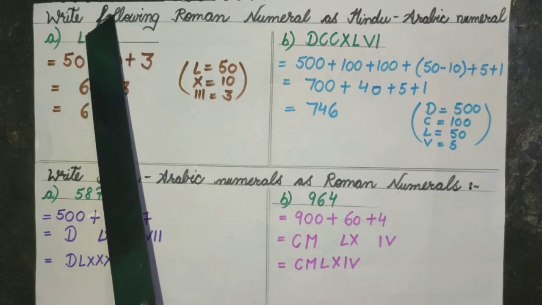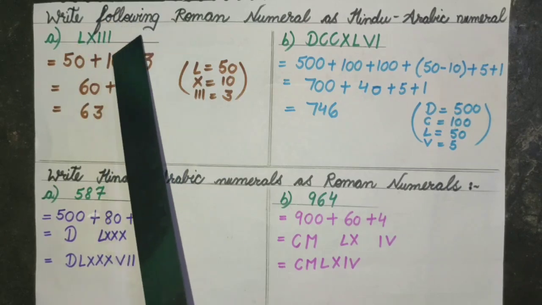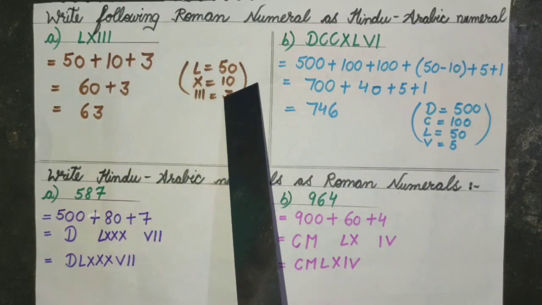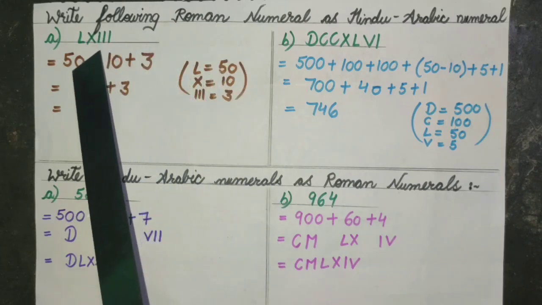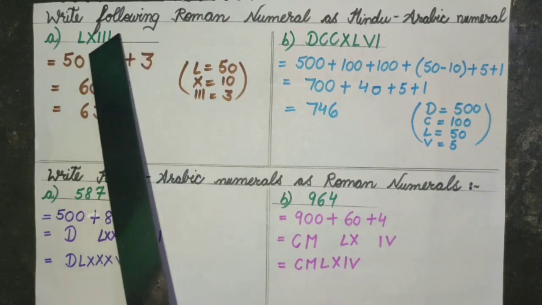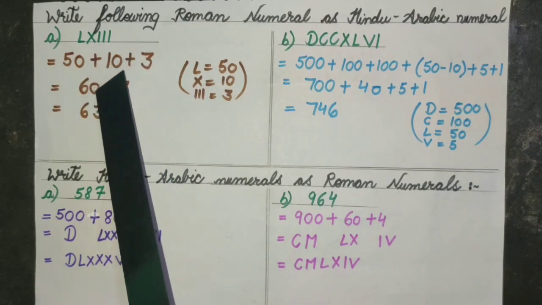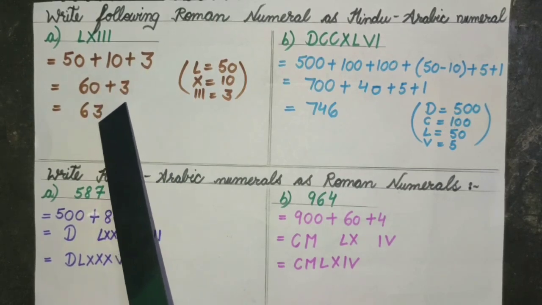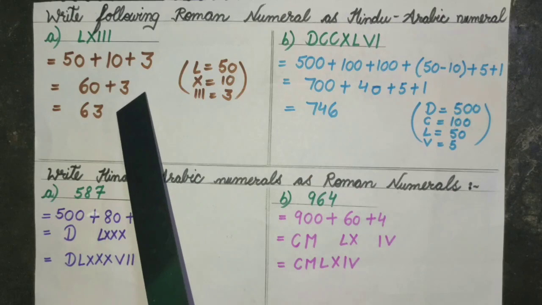Clear? L means 50, X means 10, I is equal to 1. So according to rule 2, we will add all. 50 plus 10 is equal to 60 and 60 plus 1 is equal to 61. Hence, the answer is 61.